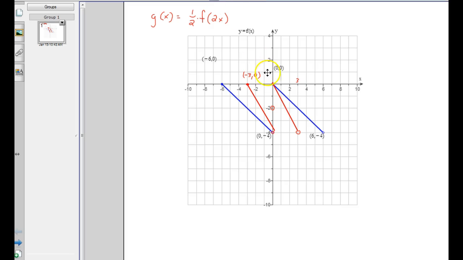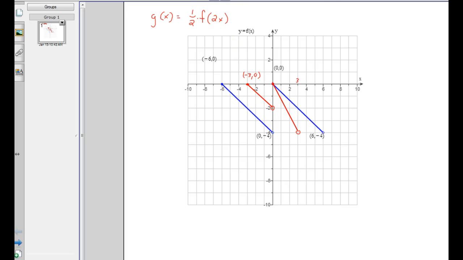So I'm going to take our line right here, and instead of it going down to -4, it's going to go to -2. This open dot here, I can get rid of it. So this piece of the function got compressed horizontally, and then it got compressed vertically as well.